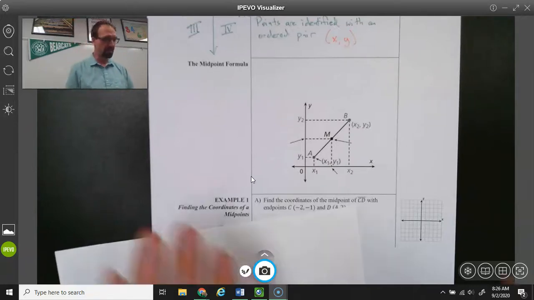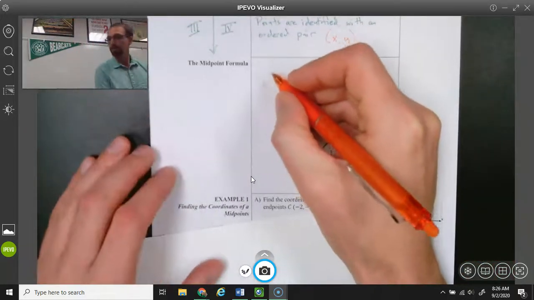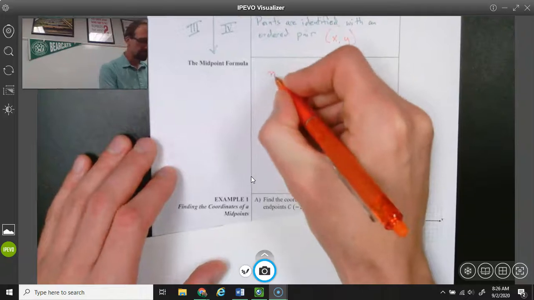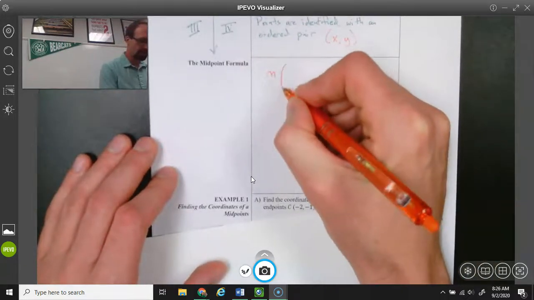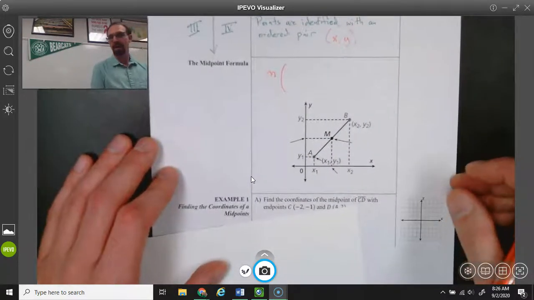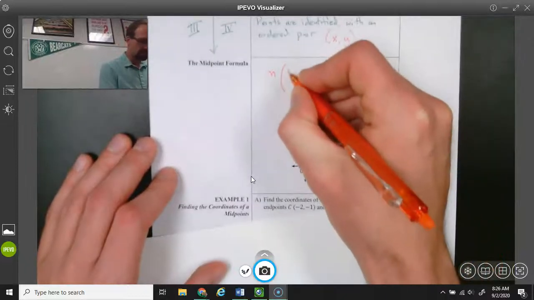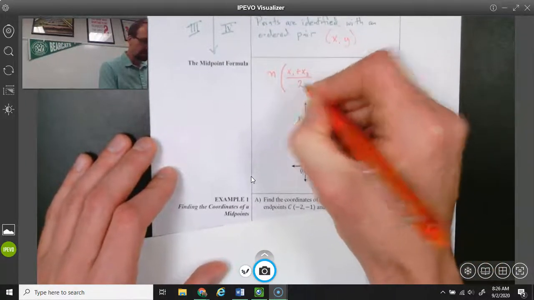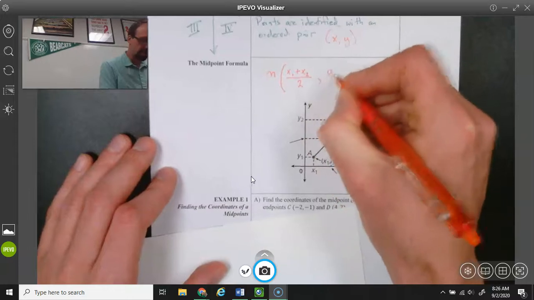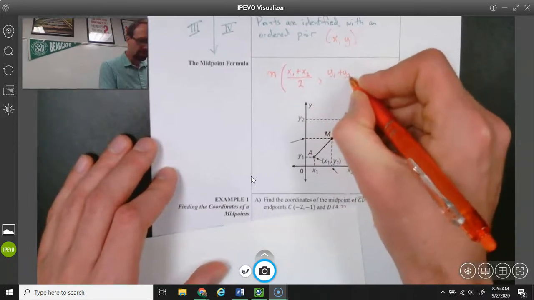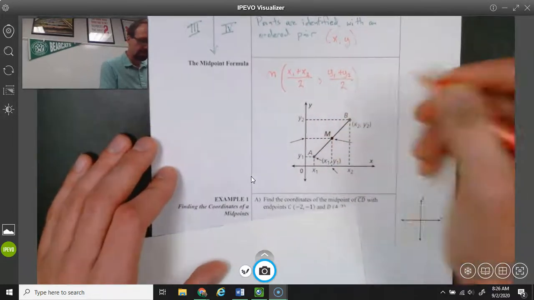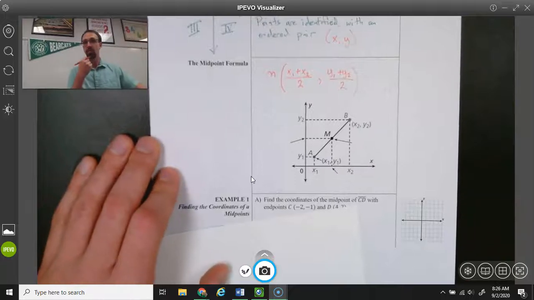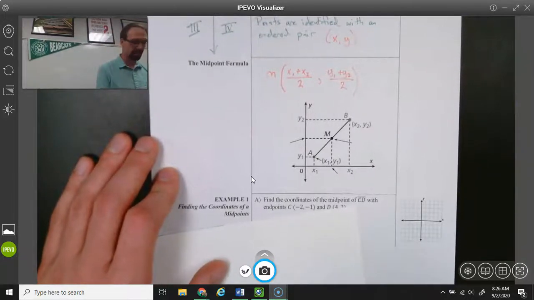So the formula itself, we use the midpoint formula, so the midpoint, and then we take x sub 1 plus x sub 2 divided by 2, and y sub 1 plus y sub 2 divided by 2. So this is our midpoint formula. This gives us our new x and our new y.